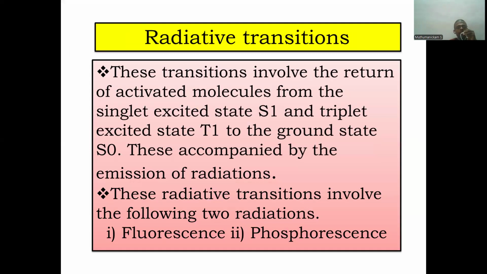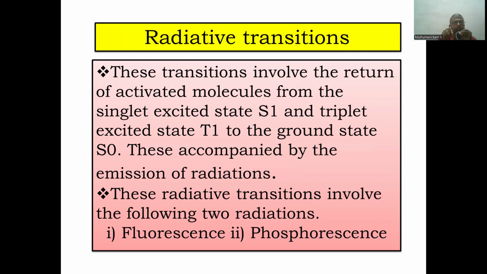Next are radiative transitions. In radiative transition, we have two types: fluorescence and phosphorescence. These transitions involve the return of the activated molecule from the singlet excited state S1 and a triplet excited state to the ground state S0. This is accompanied by emission of radiations.